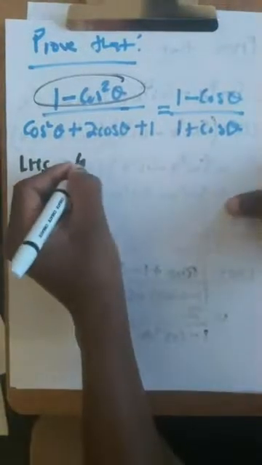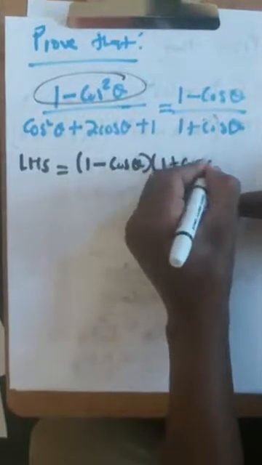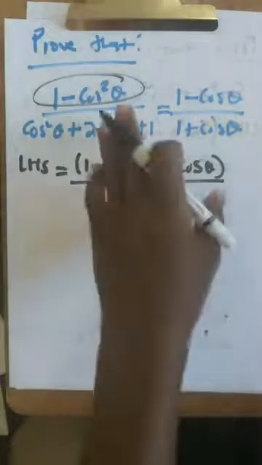Originally it is 1 minus cos theta times 1 plus cos theta. If you don't know what to do, if you see 1 minus cos squared theta, it is a difference of two squares, or it can be sine squared theta.